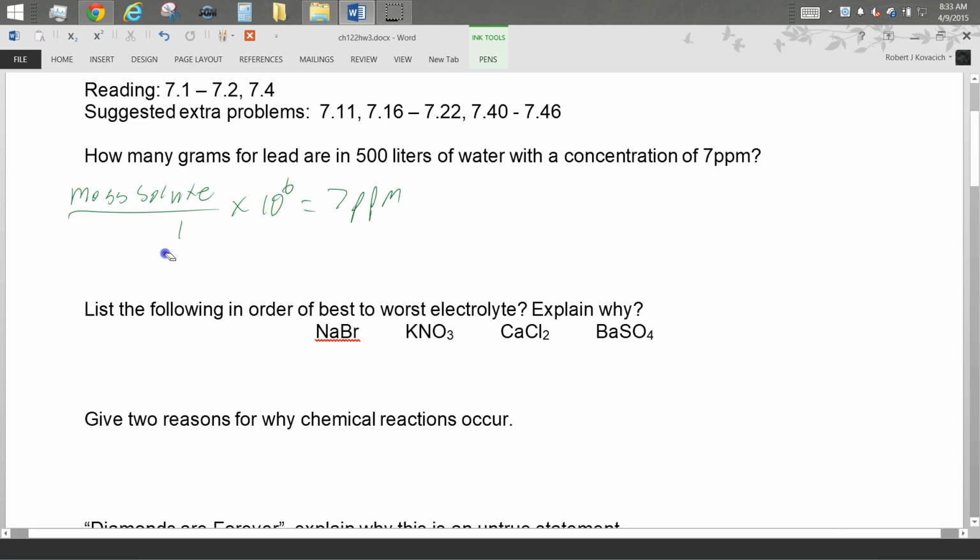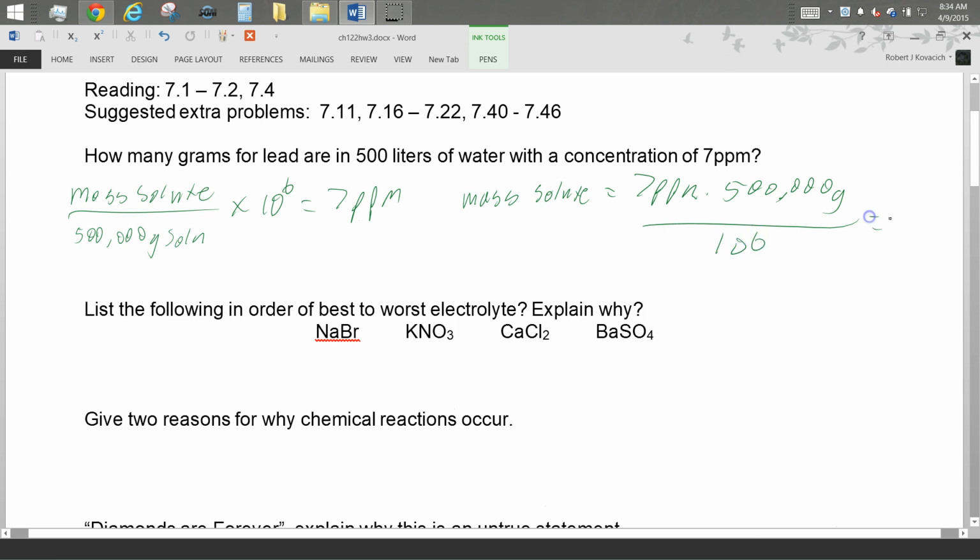So I got this mass of the solute, so this is 500,000 grams. Actually, of solution. And so when I rearrange this, I get mass of solute is equal to 7 parts per million times 500,000 grams divided by 10 to the 6th.